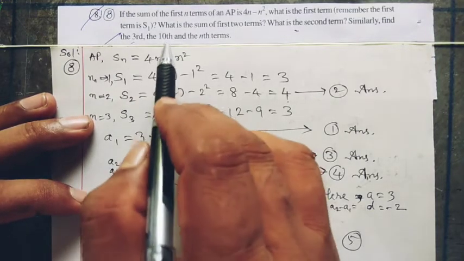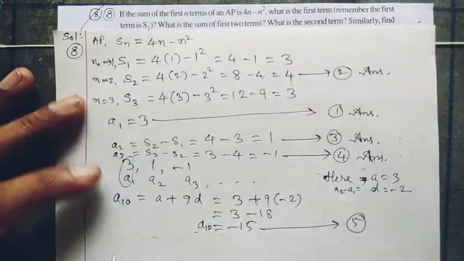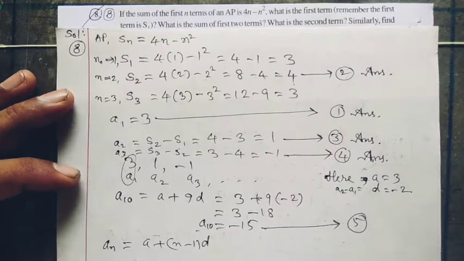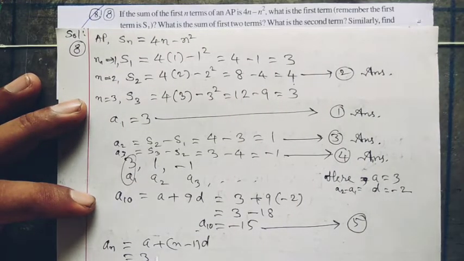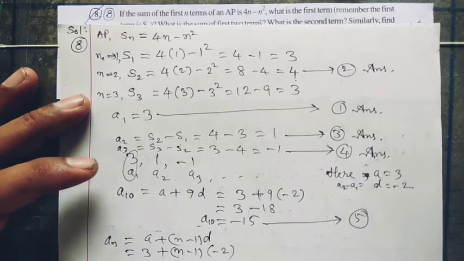And also we have to find the nth term. An = a + (n - 1) × d. In place of a we have to substitute 3, (n - 1) × d, in place of d we have to substitute -2.